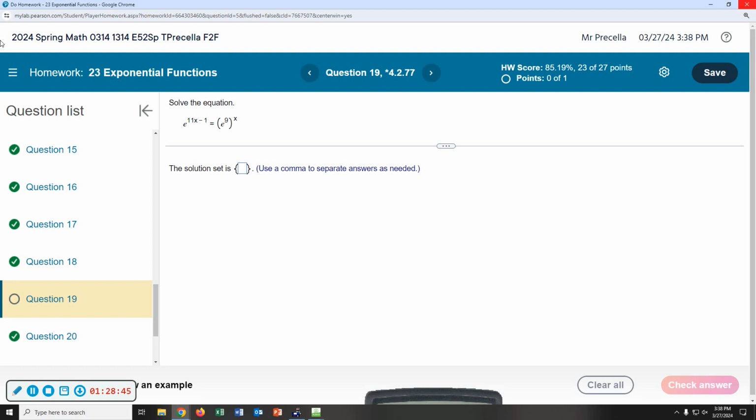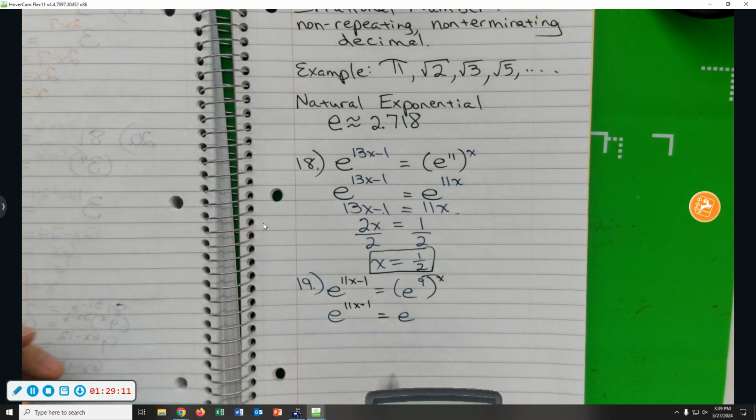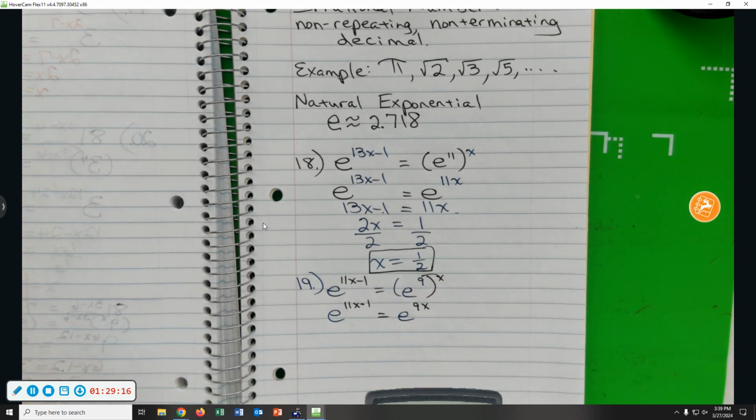What am I going to do here? This is real similar to number 18. Multiply the 9 and the x, so we have e to the 9x on the right side.